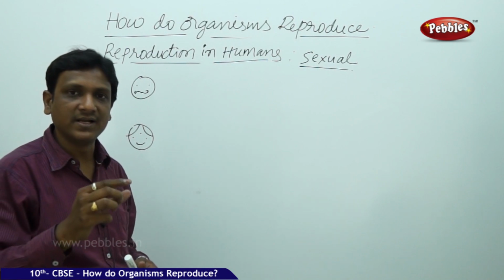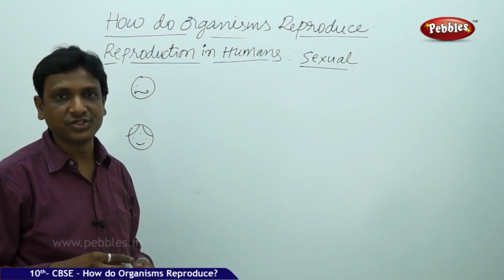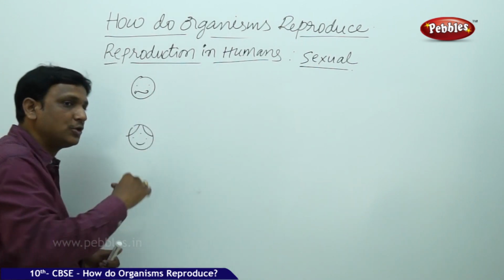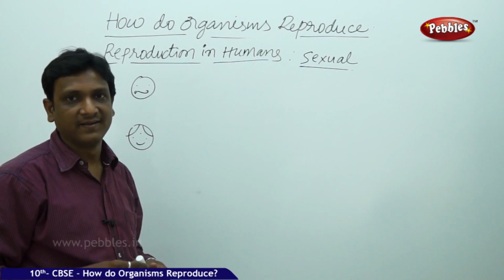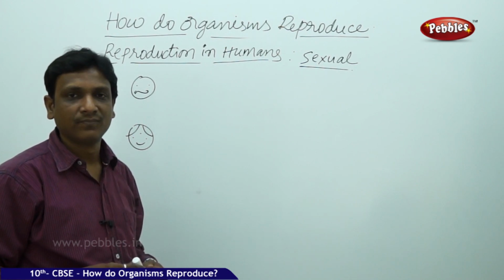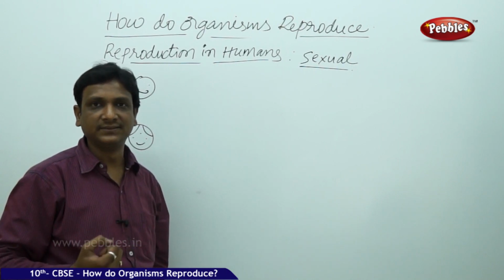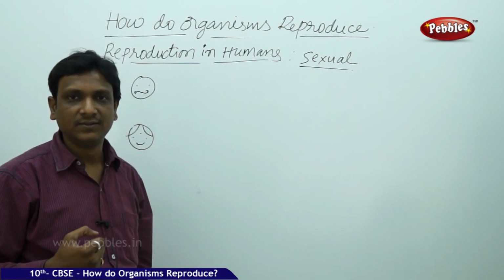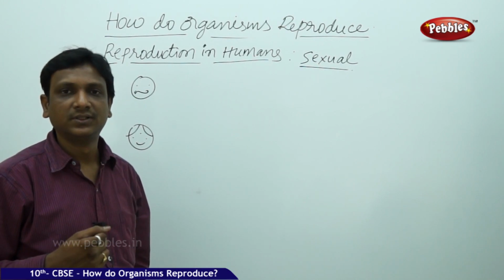That means the organism can participate in reproduction, and to do so it should be able to produce the reproductive cells. When does this happen? In our life, in our growth pattern, there are various stages which are controlled by hormones, which we discussed in the previous chapter.